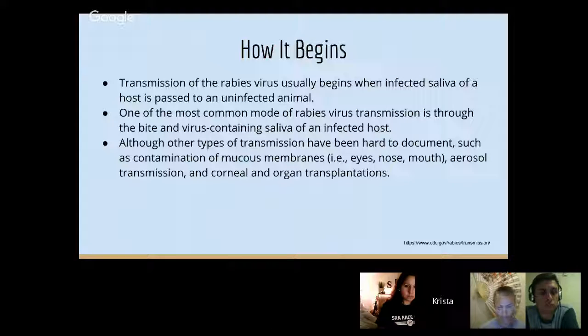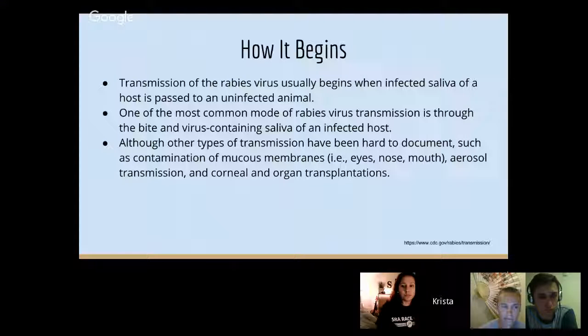So how it begins is that the transmission of the rabies virus usually begins when the infected saliva of the host is passed to an uninfected animal. One of the most common modes of rabies virus transmission is through the bite and the virus-containing saliva of the infected host.